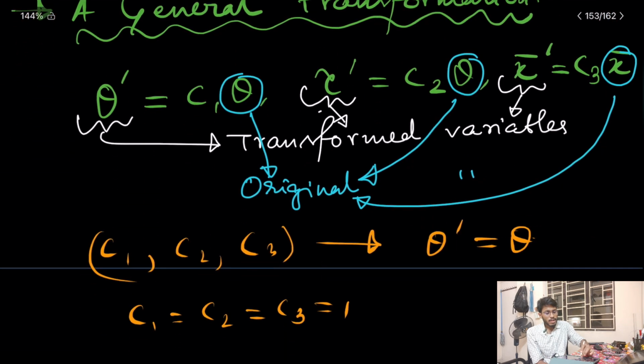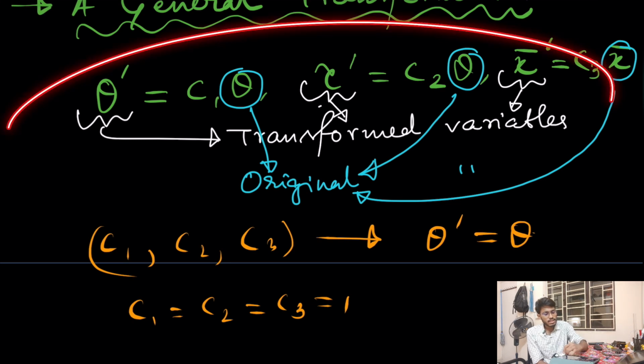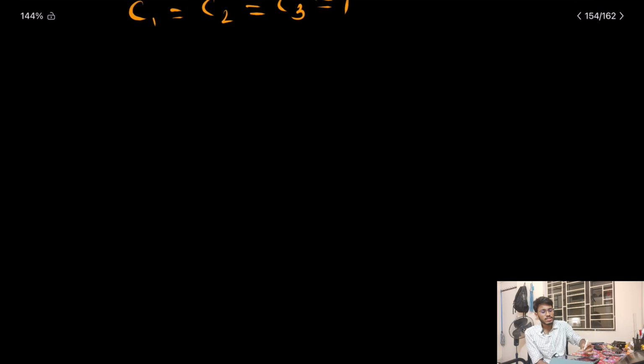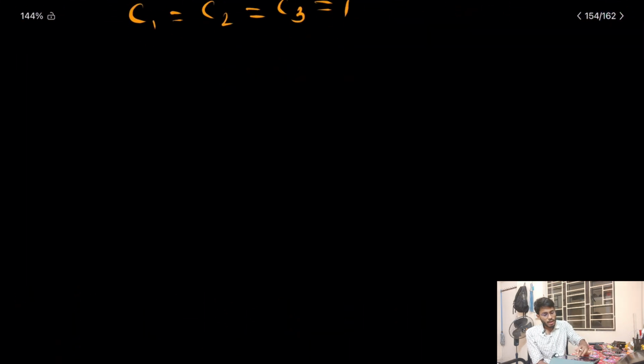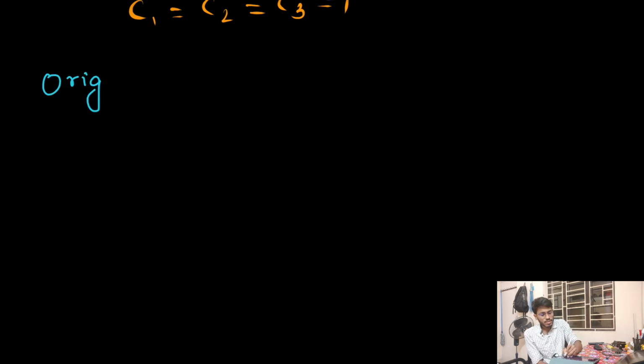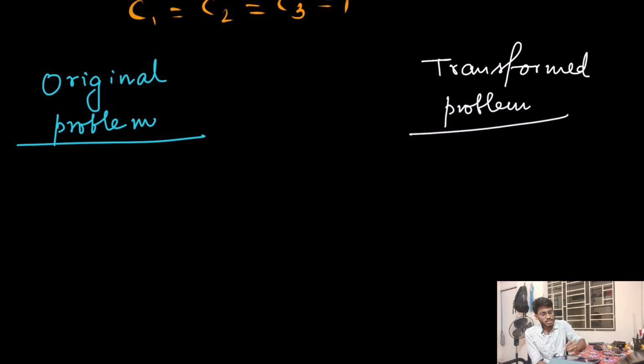Now if I apply these transformations into the boundary conditions, governing equations and all the things, then what will I get? So let me first compare both the things: firstly the original problem, and secondly the transformed problem. The original problem has the governing equation like this.